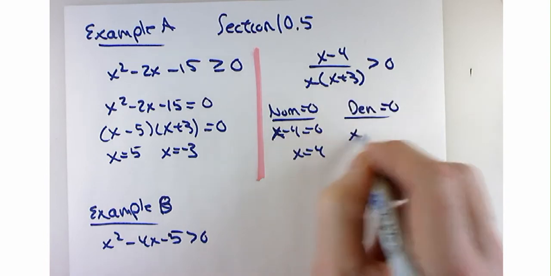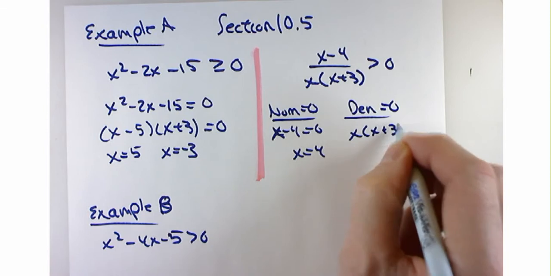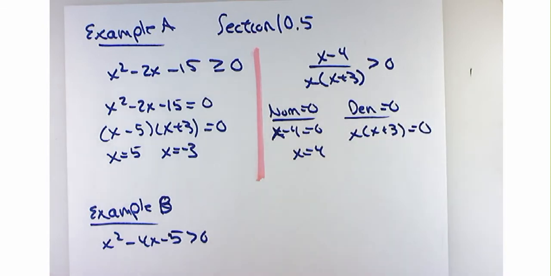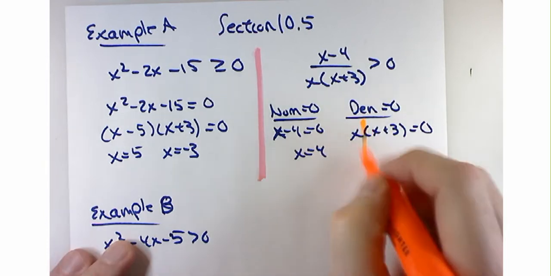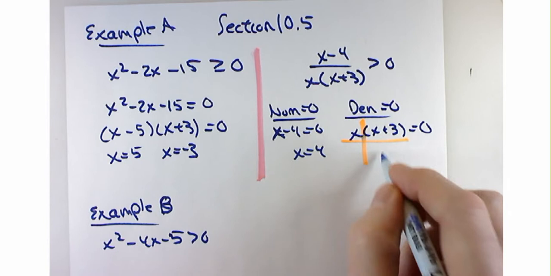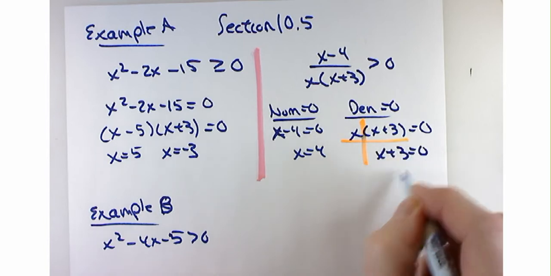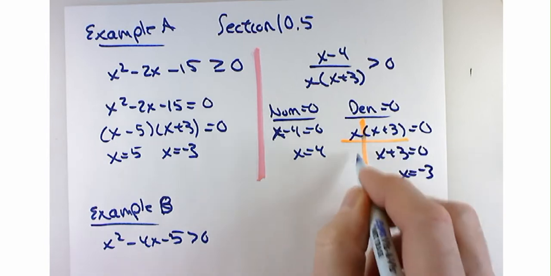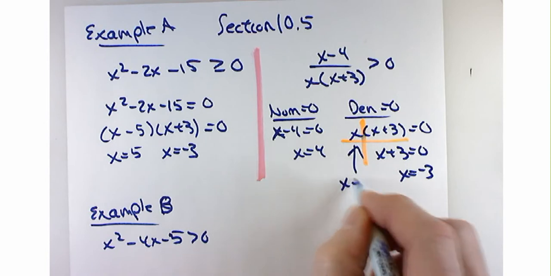And this one is meant to be easy, but sometimes people get a little tripped up with it because of this factor of x that's out in front. I want to know where either of these is equal to 0. So the first one equal to 0 is when x plus 3 equals 0, or x equals -3. And the other possibility is that x equals 0.